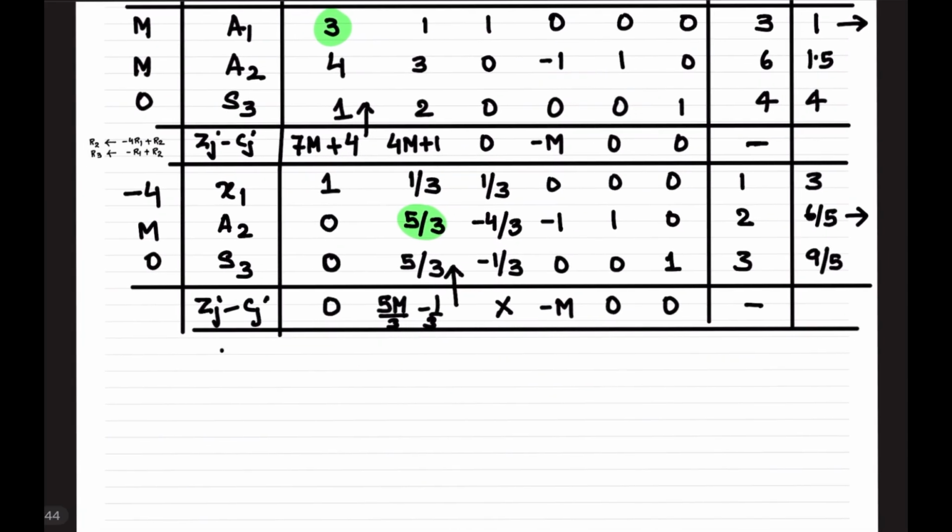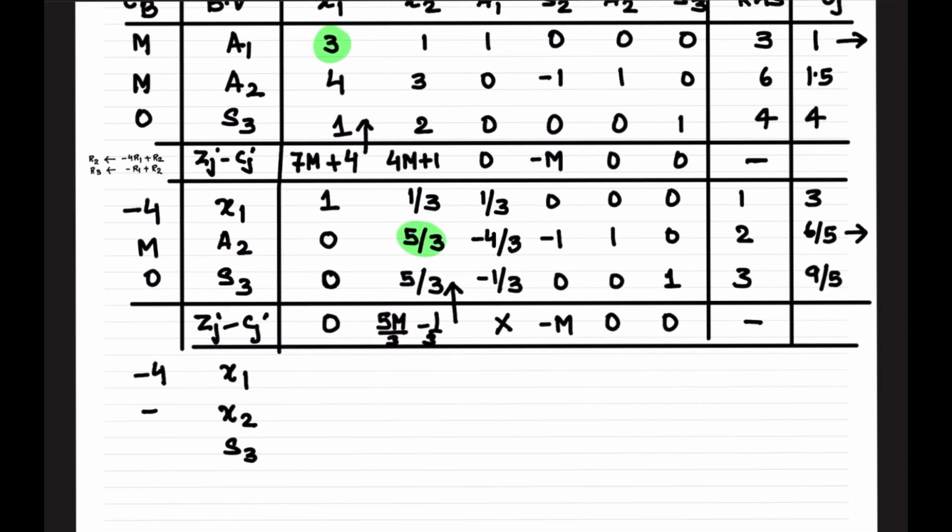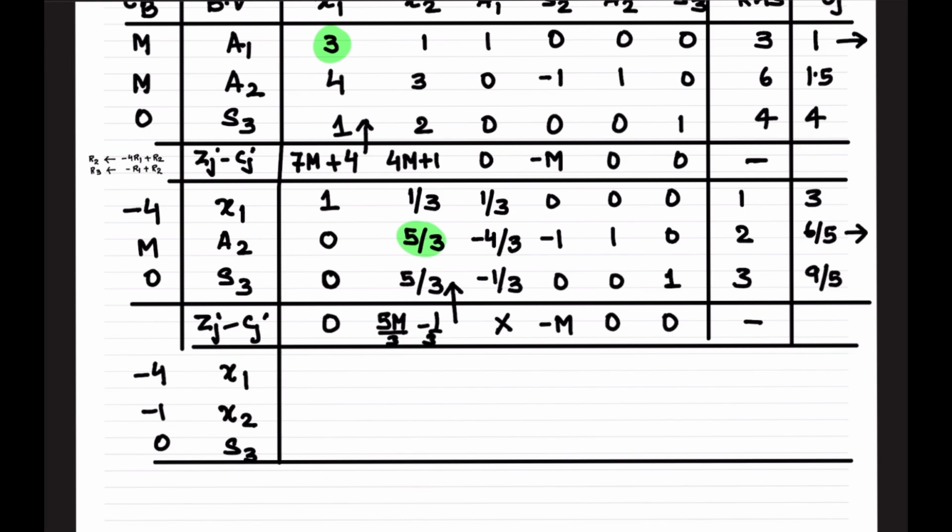Now x1, A2 has left, x2 has entered, S3 remains, -4, -1, 0. The pivot has to be made 1, so multiply throughout by 3 by 5. So this is 0, this is 1, -4 by 5, -3 by 5, 3 by 5, 0, 6 by 5. Now above the pivot we need 0, currently we see 1 by 3.